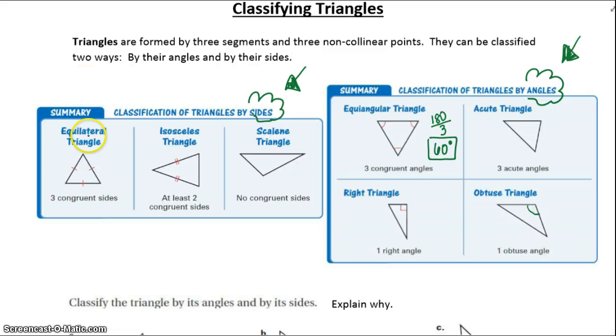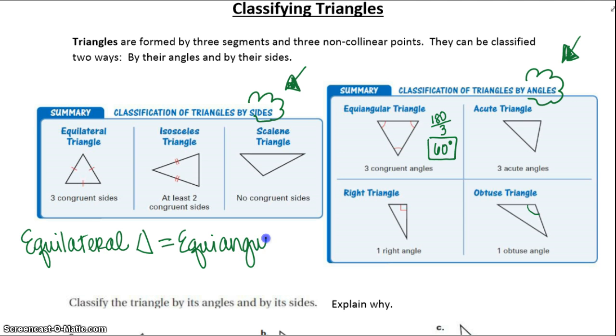I do want to say that an equilateral triangle is also an equiangular triangle. So an equilateral triangle is the same as an equiangular triangle, okay?